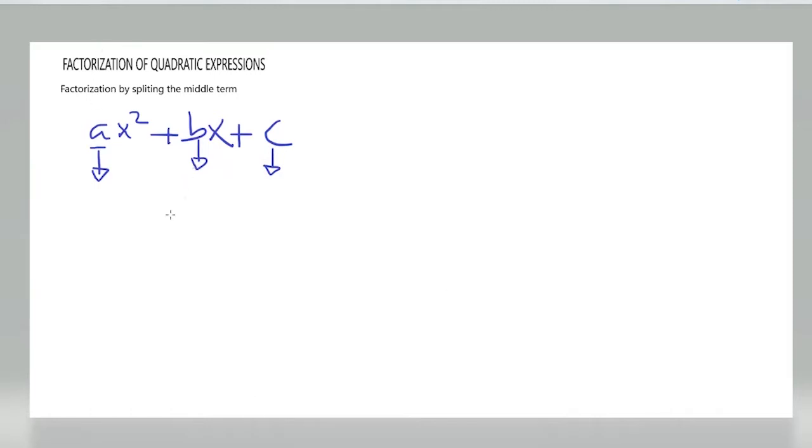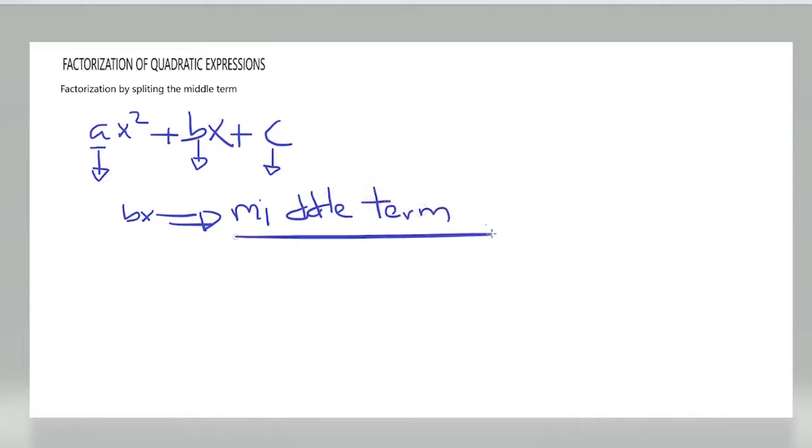Now bx is called the middle term. It is in the middle between the coefficient of x squared and the constant term. Now what you are going to do here is split bx into two parts, so that when you add these two parts, you get the middle term, which is bx.